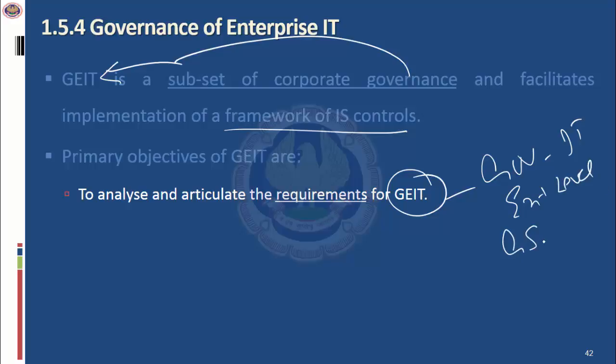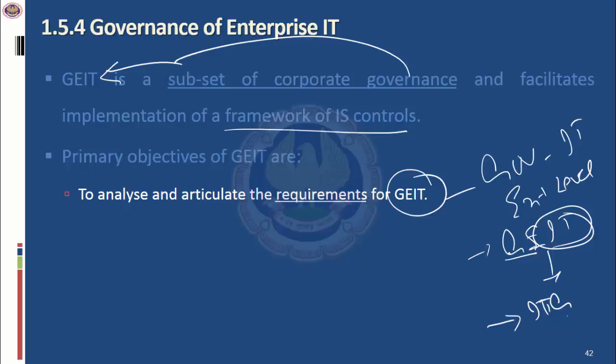Now, you also know the distinction when you talk about GEIT. You have ITG. ITG could be applicable for an enterprise where IT is not extensively used or IT is not a key enabler, whereas GEIT is something where the enterprise has to be monitoring the usage or deployment of information technology at a macro level, at a holistic level, because IT is a key enabler for the enterprise.